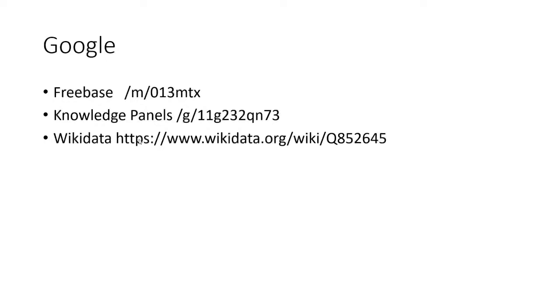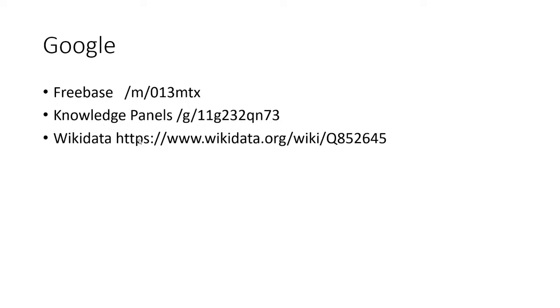And that's normally indicated with a /m/ and then a piece of code. That database is not public anymore. So Google are using new entries in their own database, which is the Knowledge Graph, as they call it. And that's indicated with an ID called /g/ and then a code as well.